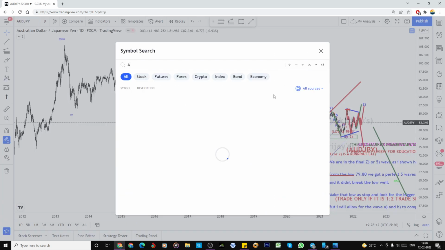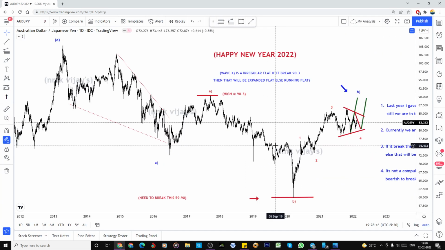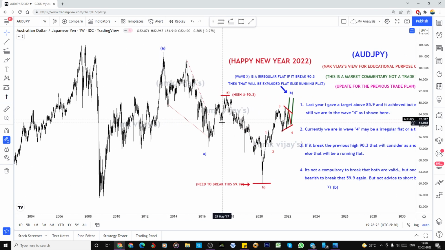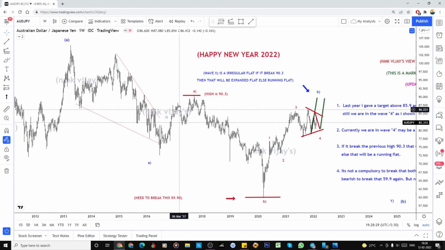In AUDJPY, in that IDC, the same pattern, right? All CJ, UJ and AJ, everything is the same. It's looking like this is the A, so A, B, C. Here it's a confusion for everybody, right?